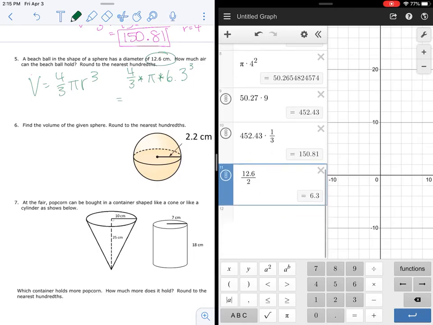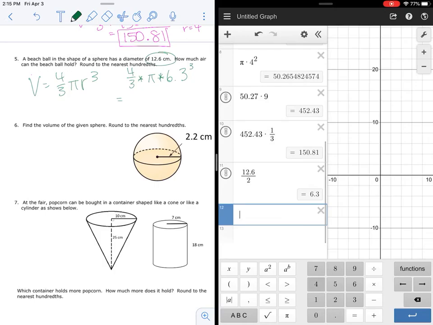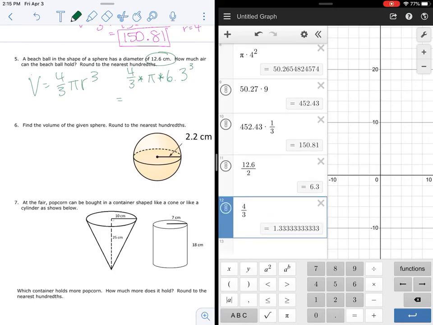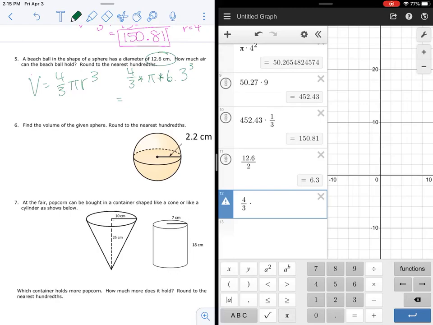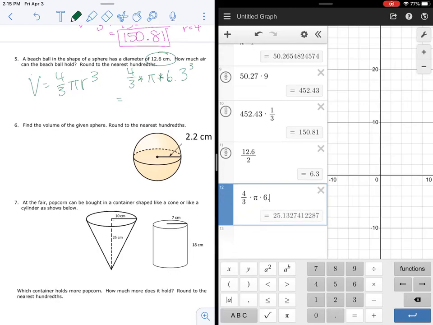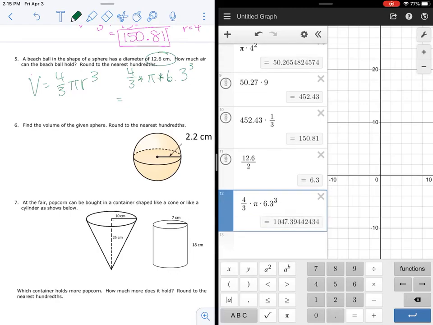So I'm going to plug it into our calculator. It's 4/3 times pi times 6.3 to the 3rd power. It gives you 1,047.39 centimeters cubed. So we have a nice large number for that.